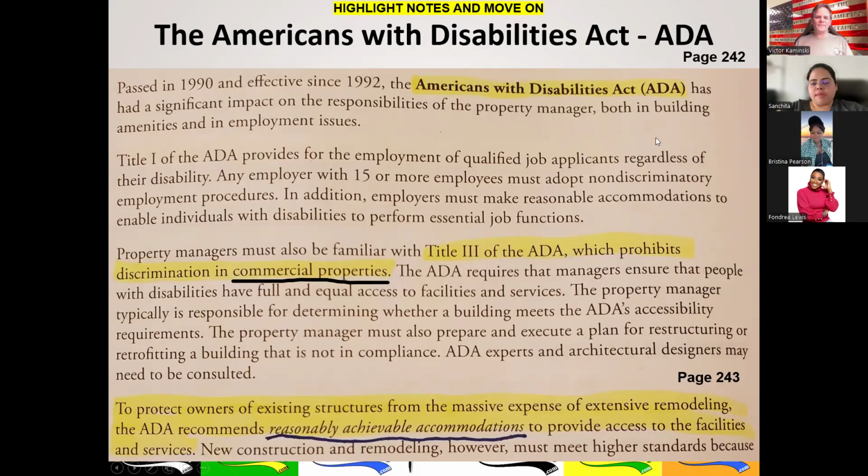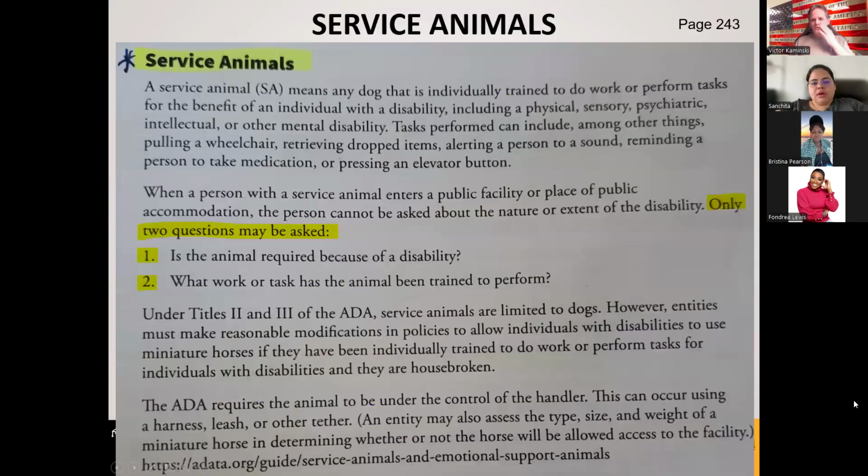All right. So, service animals. We remember service animals. We spoke about them a little bit in chapter 4 as well, right? Service animals means a dog, but in some instances, it could mean a miniature horse. Service animals perform tasks for the benefit of the individual with a disability, including physical, sensory, psychiatric, intellectual, and mental disabilities.